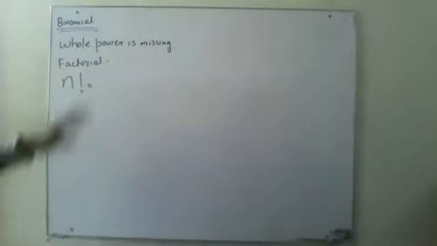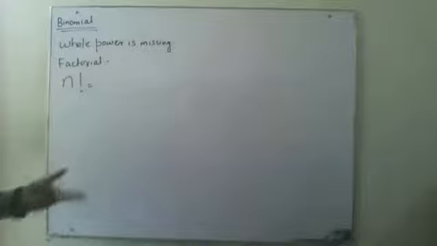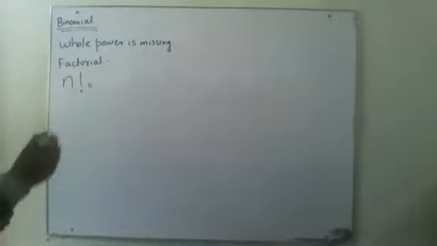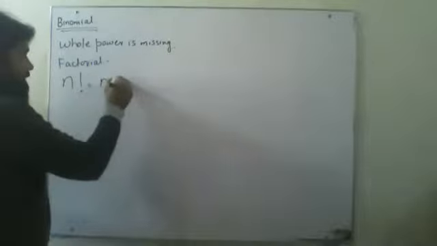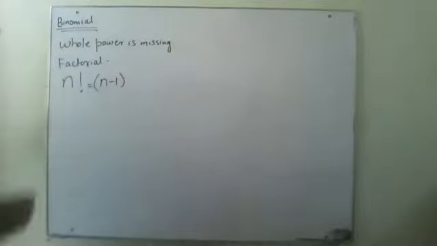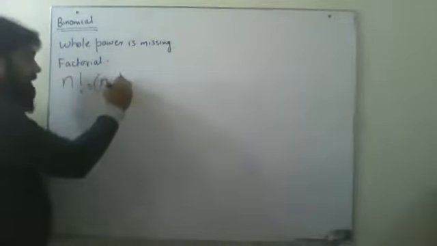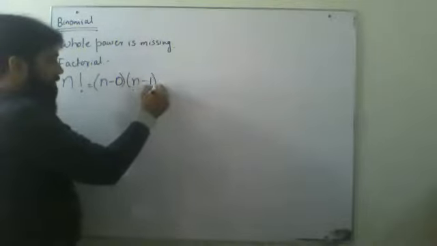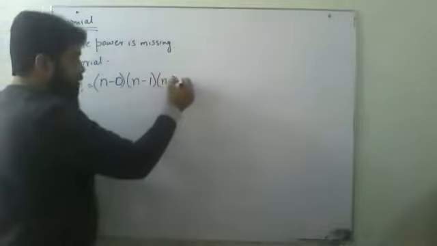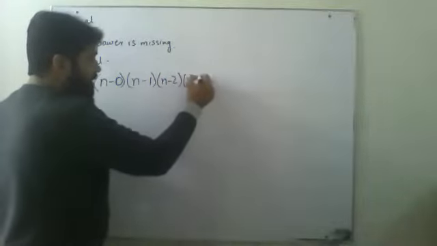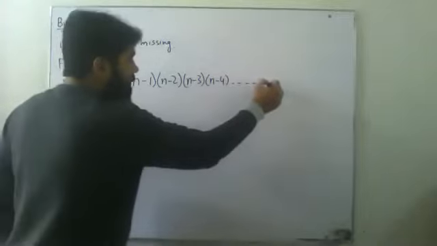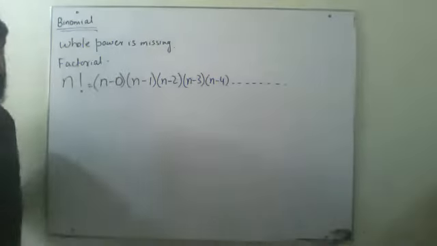So when we are saying n factorial, how will I write it? First one n minus 0, then n minus 1, then n minus 2, n minus 3, n minus 4, and that will go on till infinity.